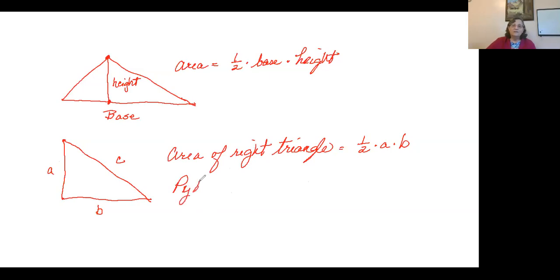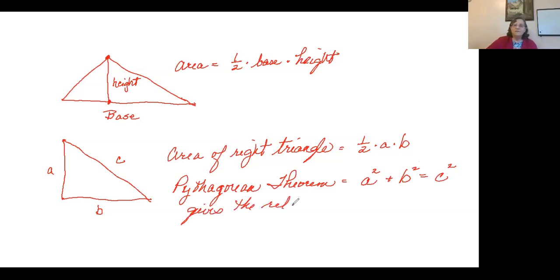Also, keep in mind that the Pythagorean Theorem, which is where we typically get the A, B, and C from, A squared plus B squared equals C squared, gives us the relationship between the lengths of the sides.